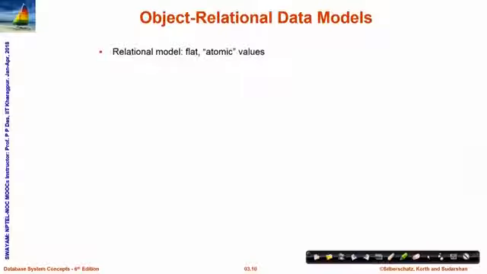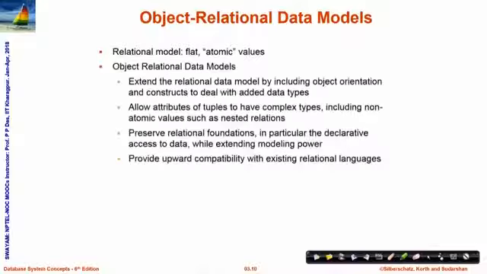But I cannot have composite object fields in a relational data model. In the object relational data model, we extend the relational model by including object orientation and the constituent constructs to deal with added data types, higher data types, where attributes are allowed to have complex, non-atomic types.